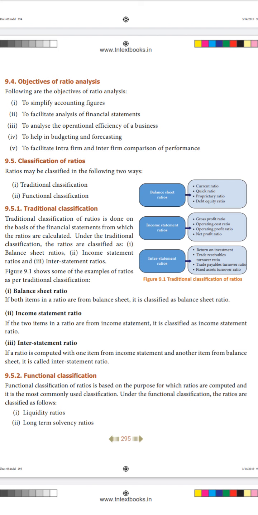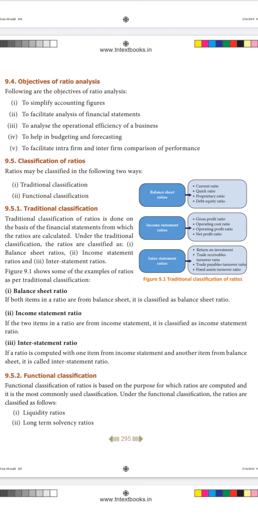Here, the first one, balance sheet ratio: whatever items we are going to relate are from the balance sheet itself. So when both items in the ratio are from the balance sheet, we call it balance sheet ratio. The second one is income statement ratio.